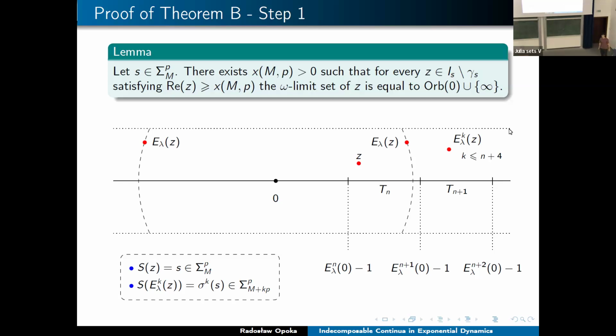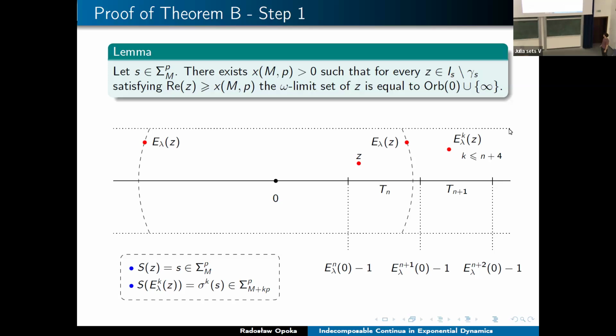The main question is this: we know that there are some bounds on the imaginary part of e to the k of z. And the question is whether these bounds on the imaginary part of the image of this point are good enough to repeat this process, so that after at most n+5 iterations we are in the t(n+2) segment and again have good bounds on the imaginary part.